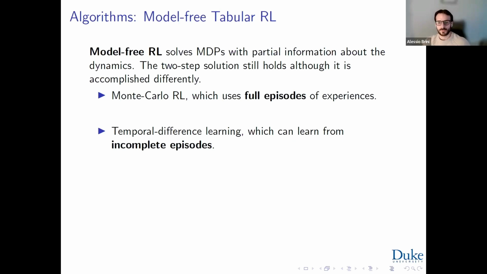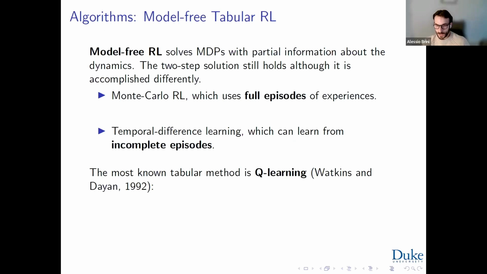You can still solve a reinforcement learning problem. You don't necessarily have to have this notion of termination, but you can keep going with your optimization problem, and this is called temporal difference learning. The best known temporal difference learning method is called Q-learning. Everyone that approaches RL probably learned this first.